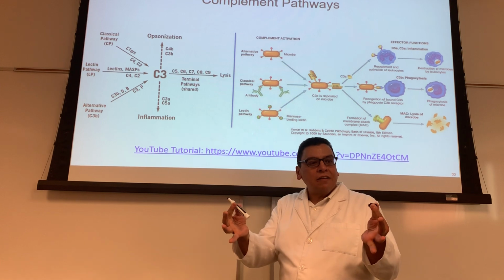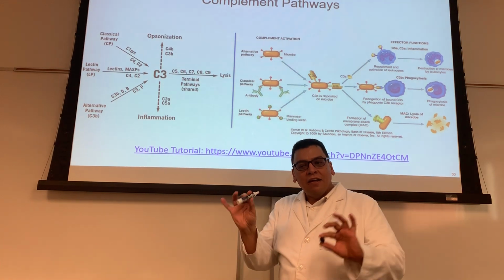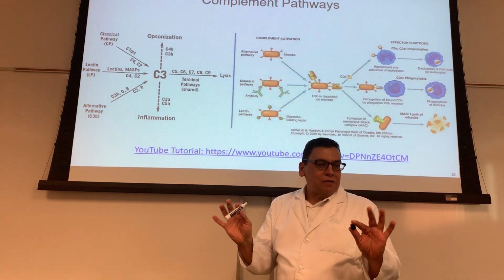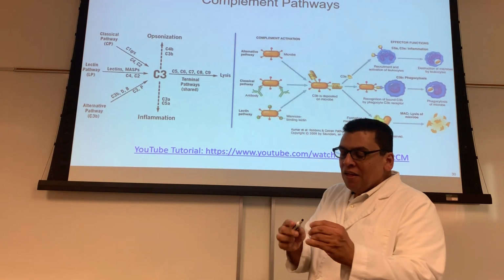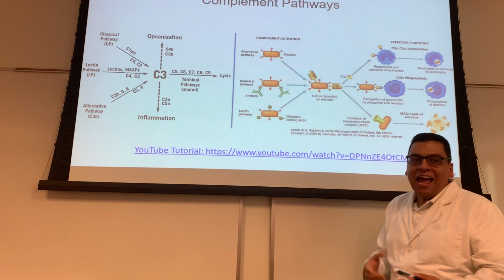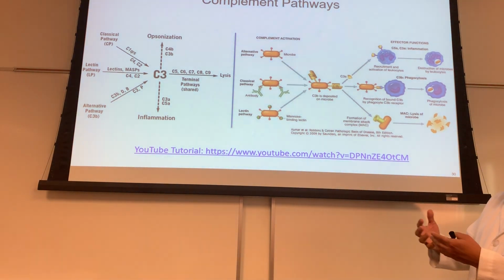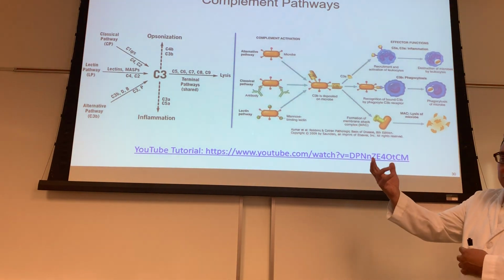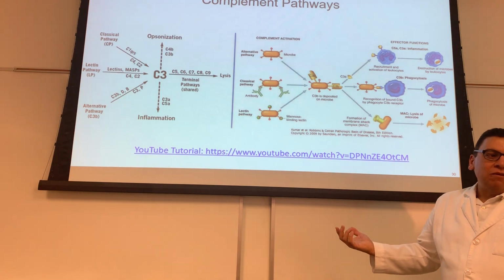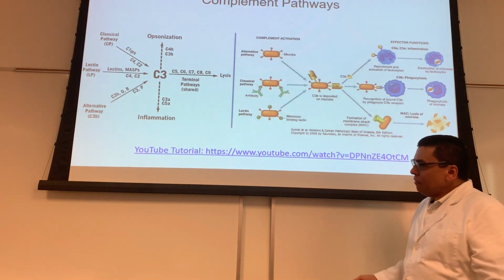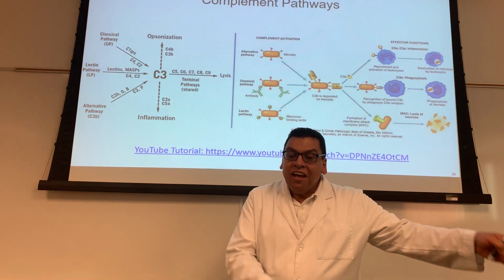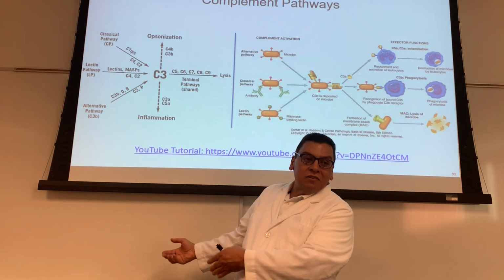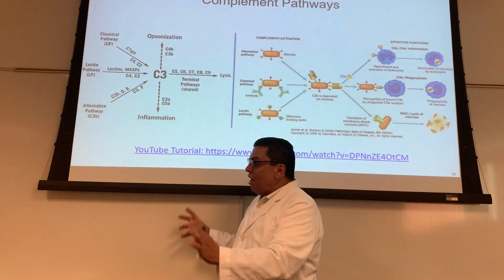Like that. C3A, C3B. I use my markers a lot. C3A, C3B. That's what I mean when I say activate. And that's what I will mean when I say activate with the other ones too. Cleavage. It means you're cleaving it. C3A is going to do one thing, and C3B is going to go and do something else. Everything has a job.